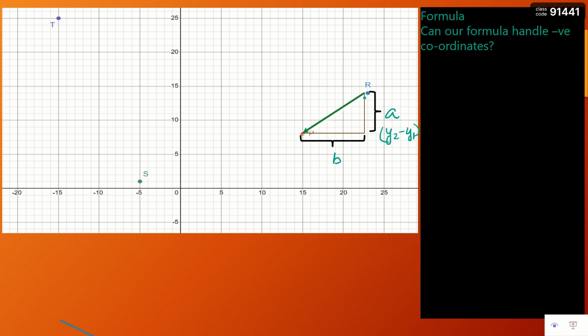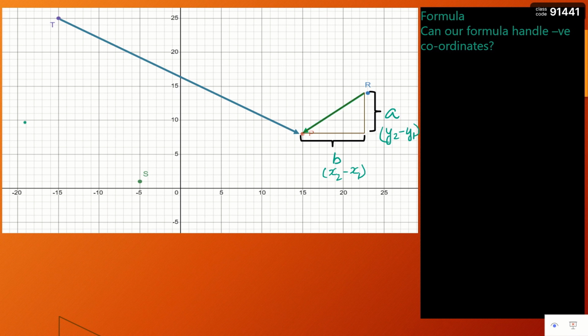So y2 minus y1 gave us this length, and side B was given by x2 minus x1, which meant this x coordinate here minus the x coordinate here. Now, how can we pack this into a formula?